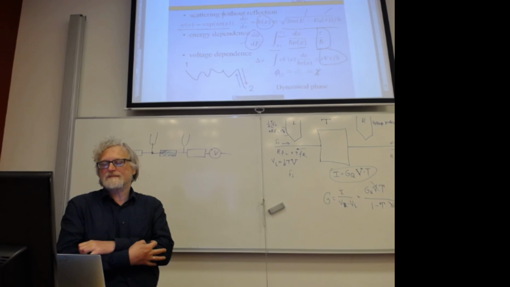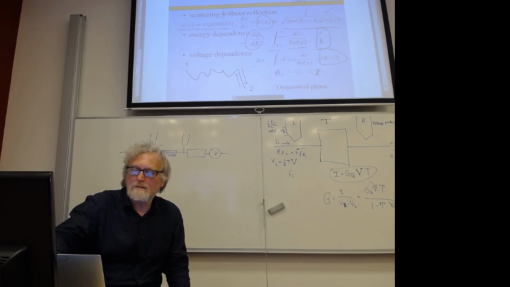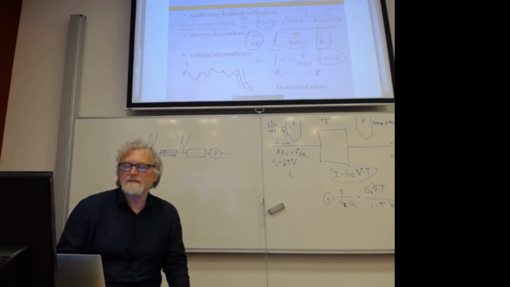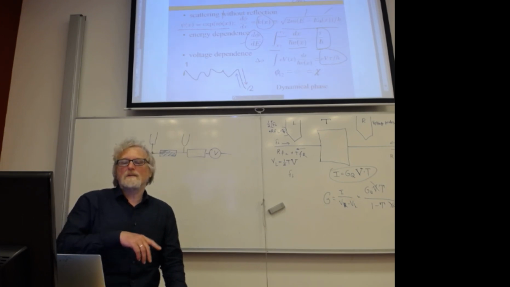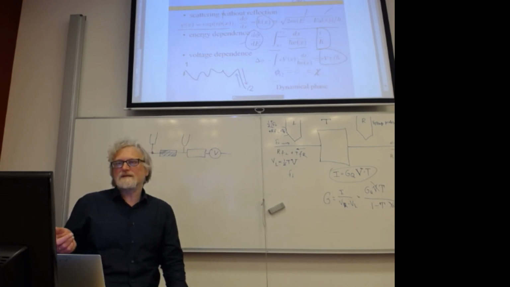Right. So, point 1, point 2: the electron can go from 1 to 2 along a certain trajectory, or it can go back. Let us understand that for our case, the phase shifts are precisely the same.